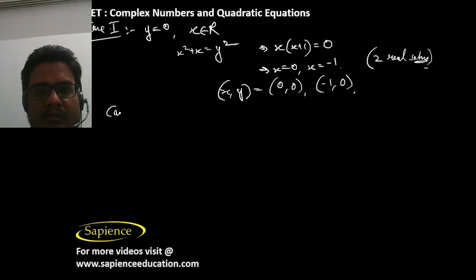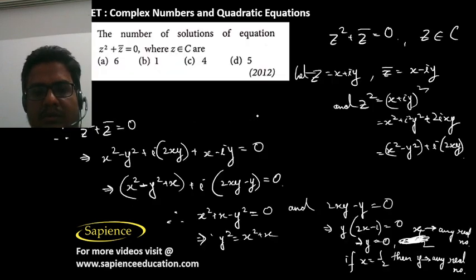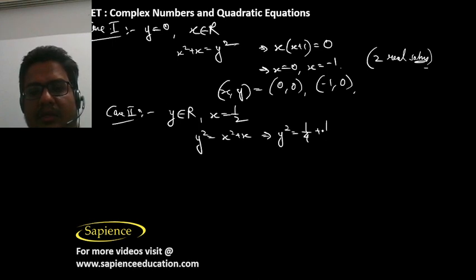And in case 2 I can have y belongs to R and x equal to half. X equal to half and y can be any real number. But here y square equal to x square plus x. It means that y square should be equal to 1 by 4 plus half, so that is 2 by 4 added, giving y square equal to 3 by 4.